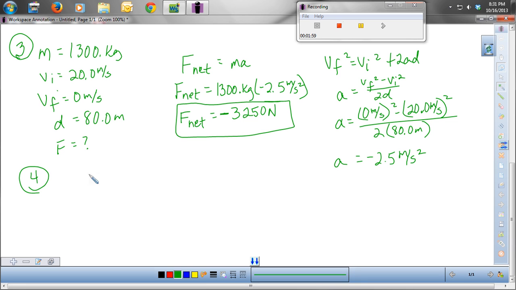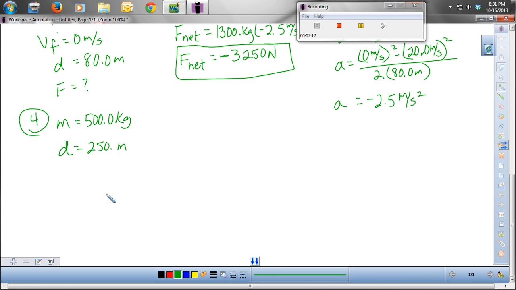Okay, number 4 has a sports car. Mass is 500 kilograms. And it's heading directly for a railroad crossing 250 meters away. And puts the brake on because they see that the train is not through the clearing yet.